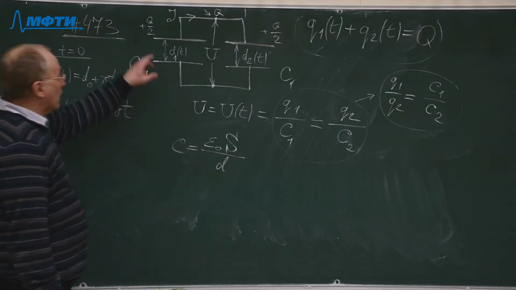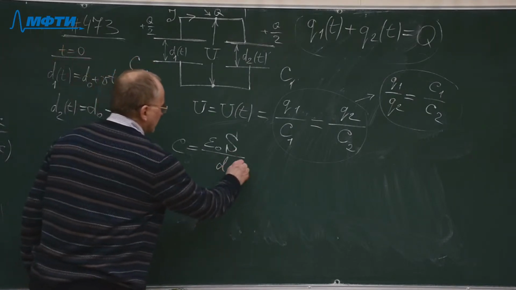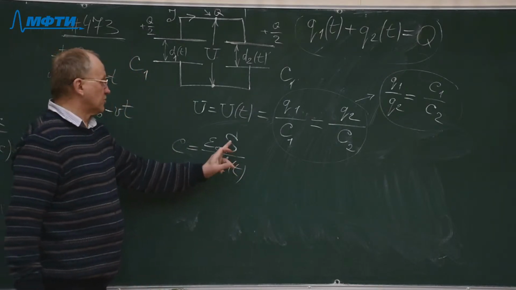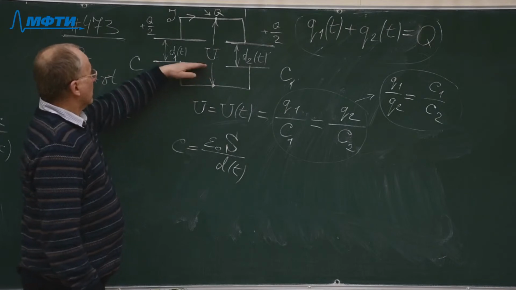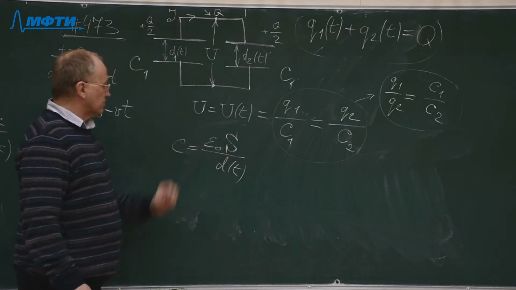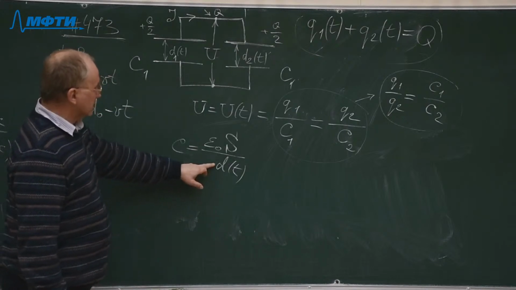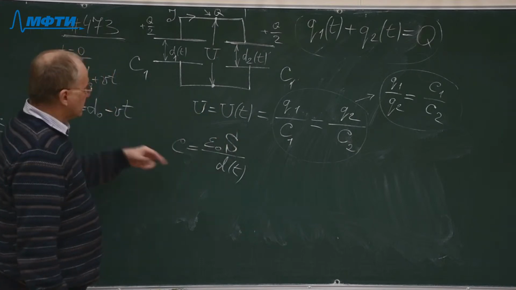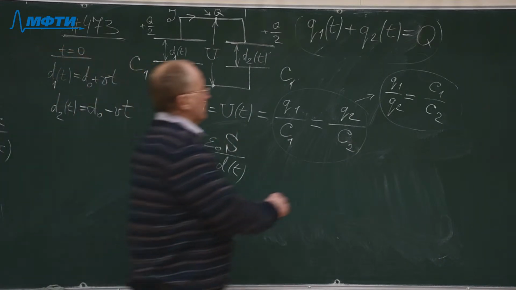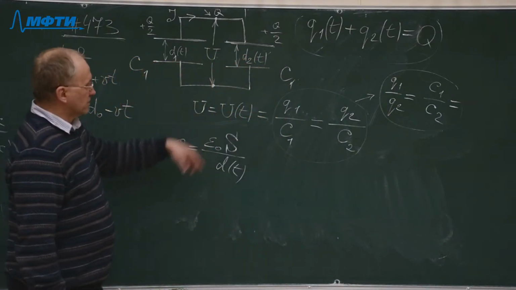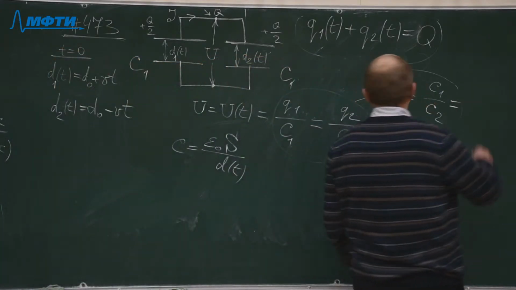In our situation, the distance is a function of time, but the area of the plates does not change, only the distance changes. So in this formula, only the denominator is a function of time, while the numerator is constant. And so we can easily find this relationship between C1 and C2.